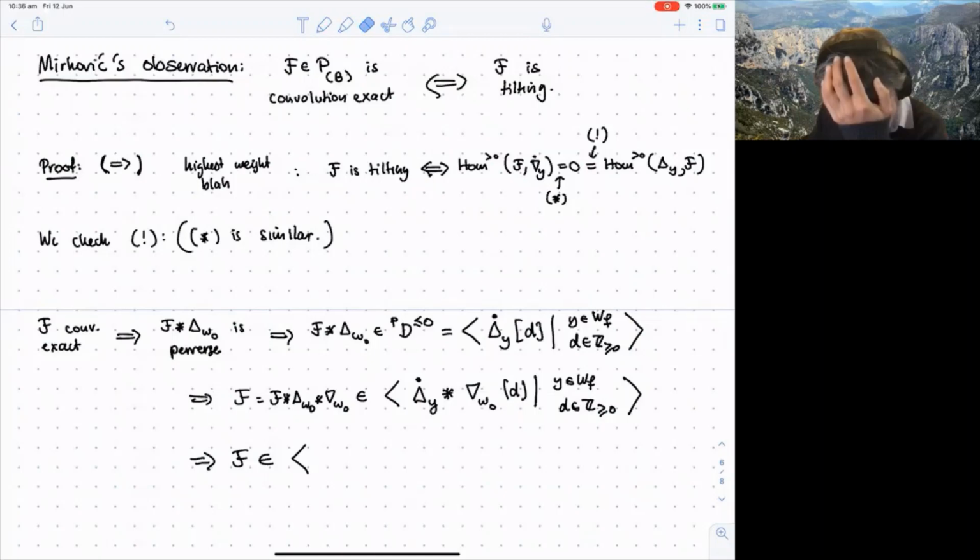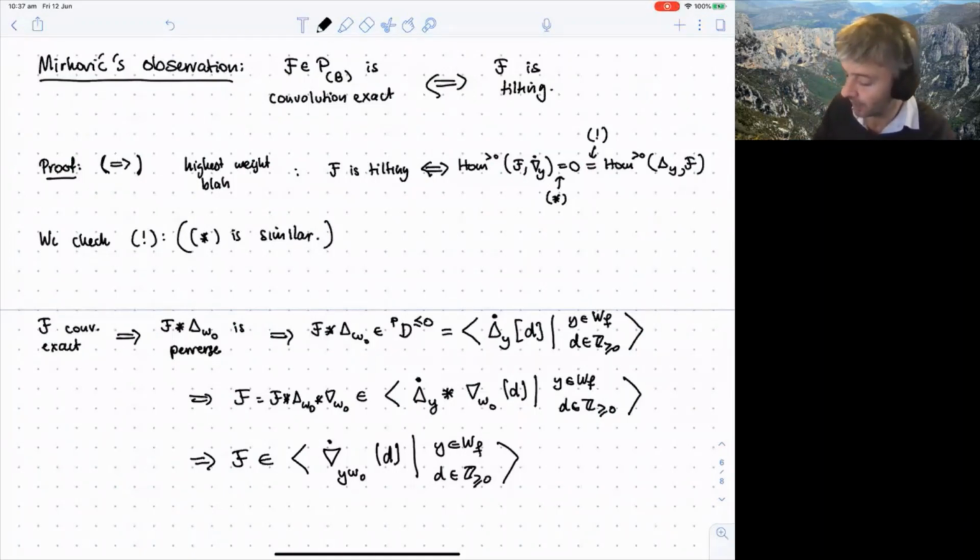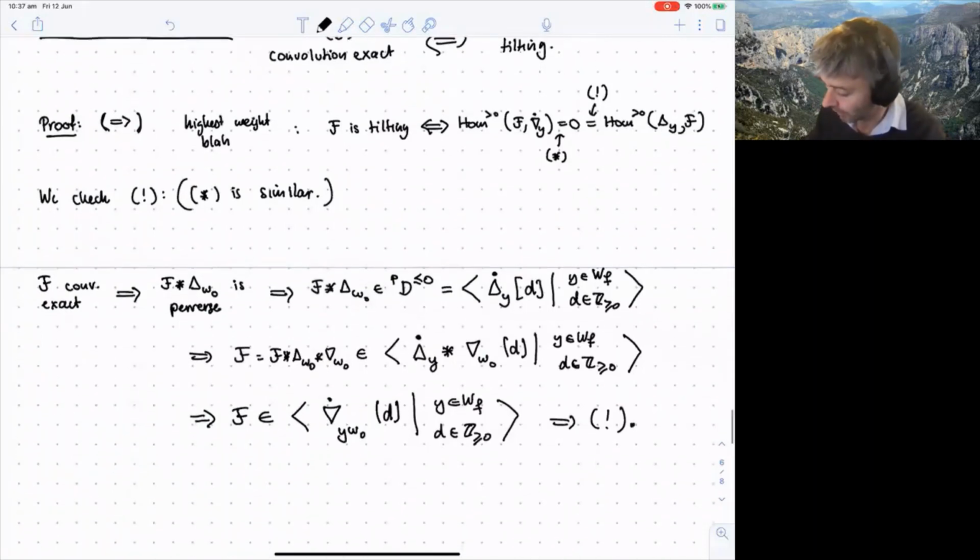Oh no, I think it's right. Okay, and now if you have an object inside this category, then it's easy to see that it satisfies the condition. Okay, so that concludes this direction.